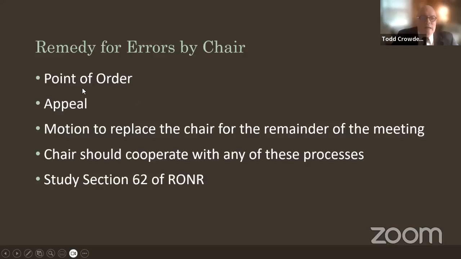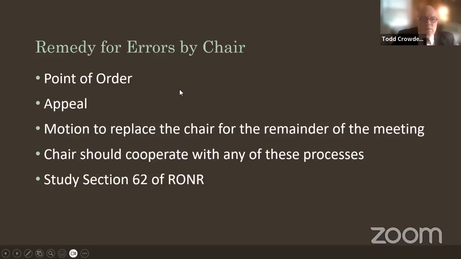And then if the chair rules against the point of order, you can appeal it. You appeal to the assembly itself, and appeals are resolved by a majority vote of the assembly. So if the chair isn't doing right, the assembly itself can overturn whatever decision he's making by a majority vote.